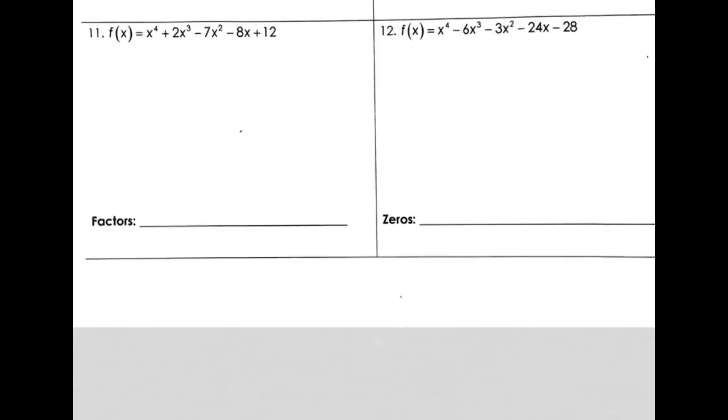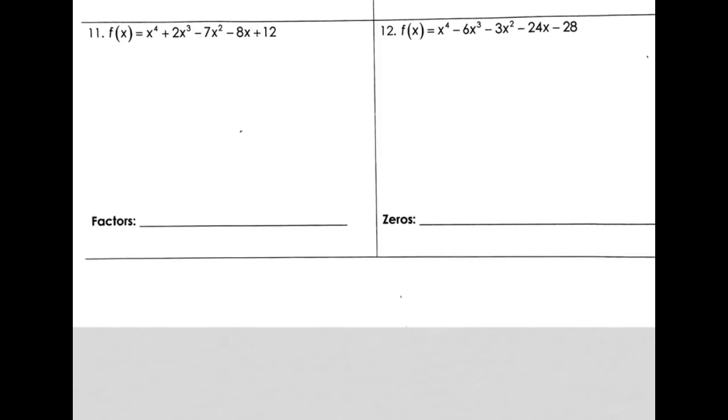Moving right along. All right, so guys, yes, finally a super easy one. So again, punch all this into your table and go through and look for the values where y is equal to 0, and that's going to tell you your x-intercepts or your zeros.